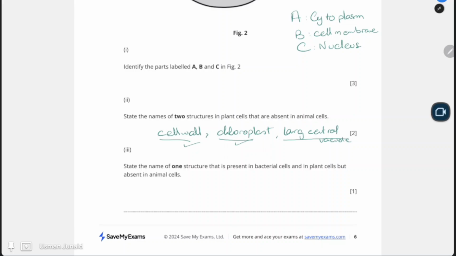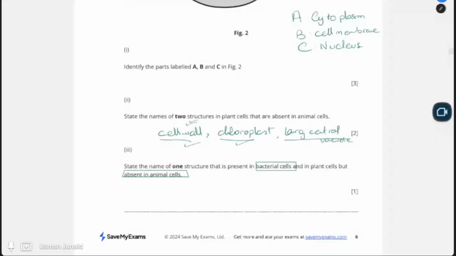Okay. State the name of one structure that is present in bacterial cells and in plant cells but absent in animal cells. Can you name that structure?